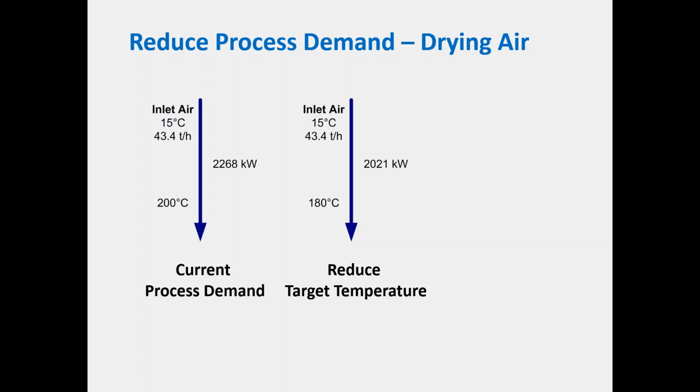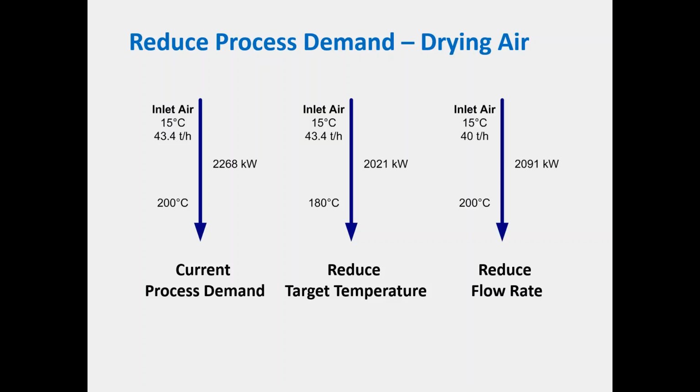So that's one option. The other option is to reduce the flow rate or reduce the amount of our process stream. So in this particular case, if we reduced our air volume or mass from 43.4 tons per hour down to 40 tons per hour, but we left the target temperature still at 200, then we would reduce our heat demand to 2,091 kilowatts.